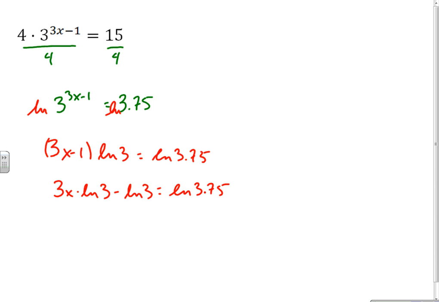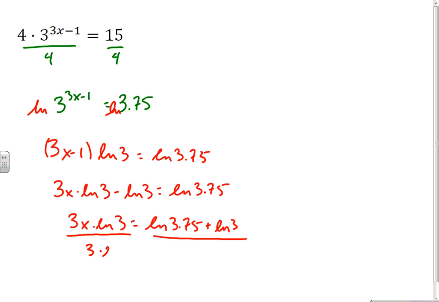So then you've got that. You only have one term with the x, so we have to isolate the term with the x in it. So I'm going to add the natural log of 3 to both sides, and then I'm going to divide through by 3 times natural log of 3. Some people like to rewrite this so there's an x out front, and that's fine.